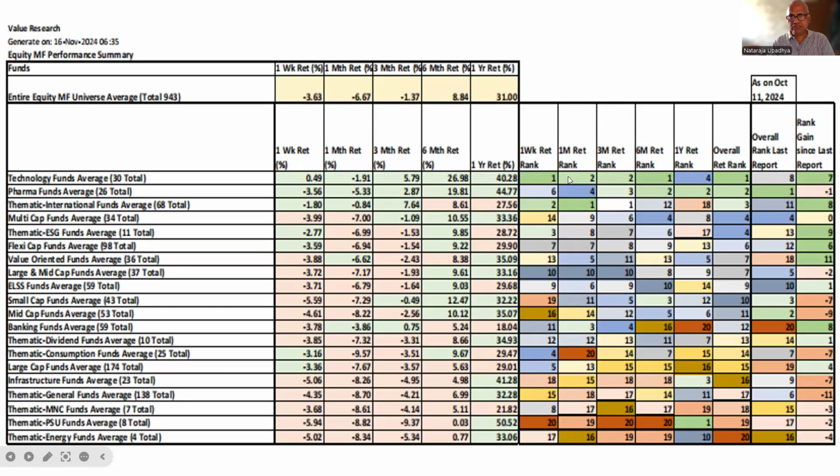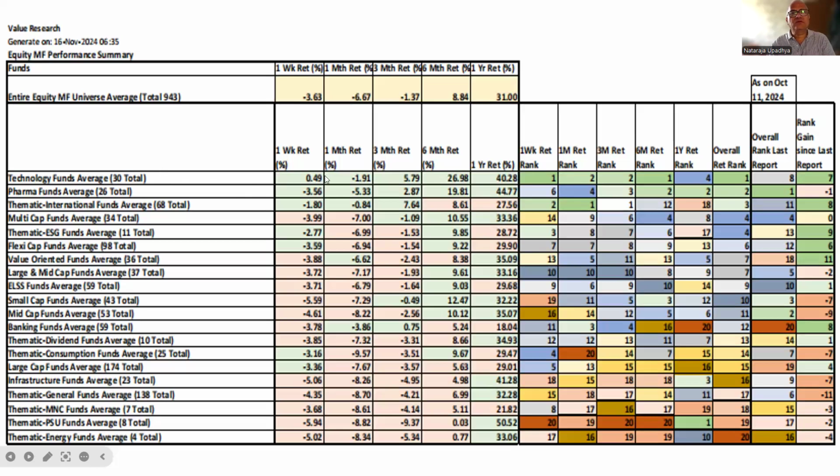So individual ranking is given for each timeline. Then average ranking is calculated, and then these funds are sorted by ascending order of overall rank score. That way we get the best ranked mutual funds at the top.